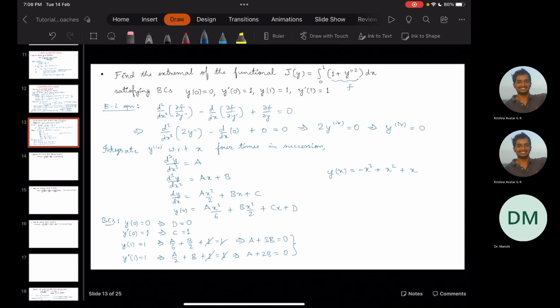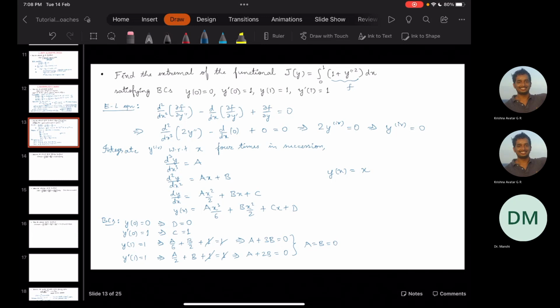It gives us a trivial solution. Substituting, b is equal to 0, a is equal to 0. So a is equal to b is equal to 0, which means that we have a 0, b 0, d 0. So we have just c into x. So c is 1, so it's x.